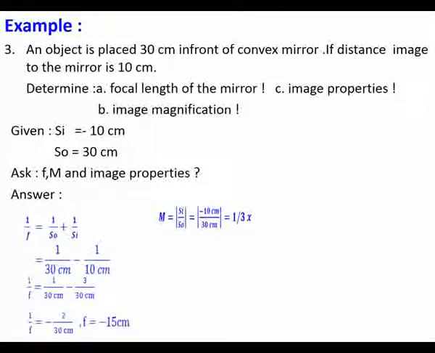For question B, image magnification M equals SI per SO in absolute value. So M equals minus 10 centimeters per 30 centimeters in absolute value. So we get the magnification M equals 1 per 3.